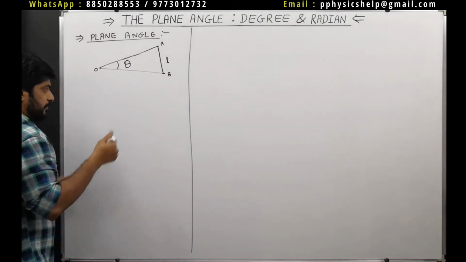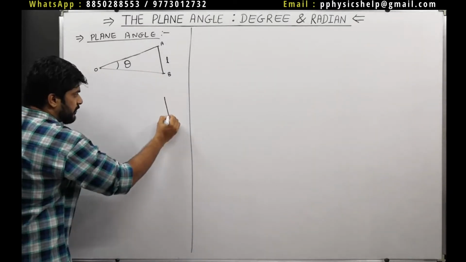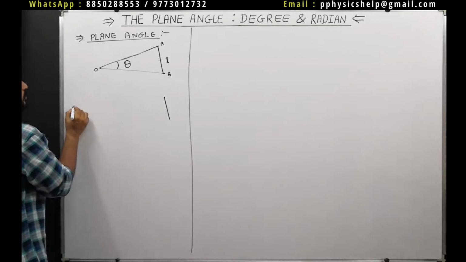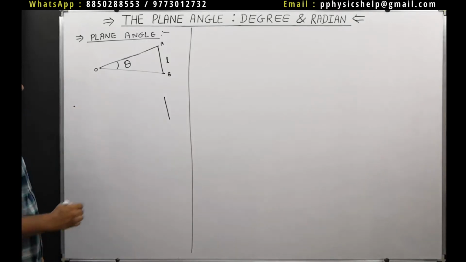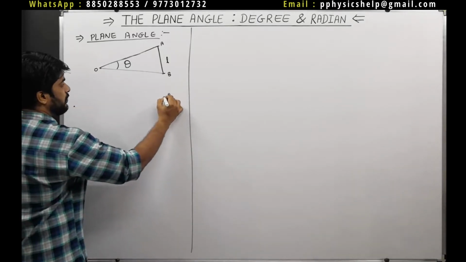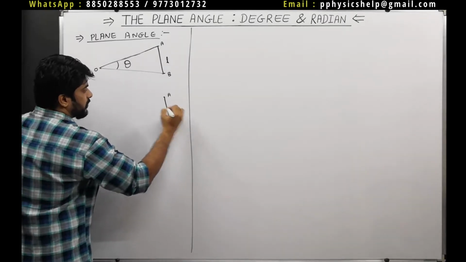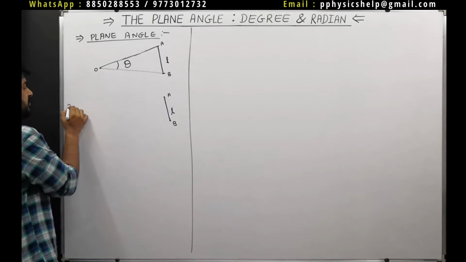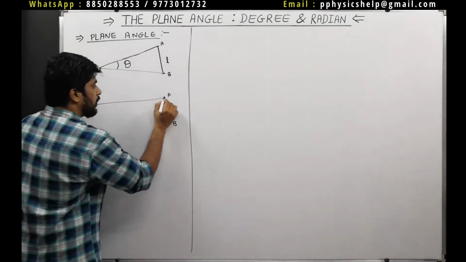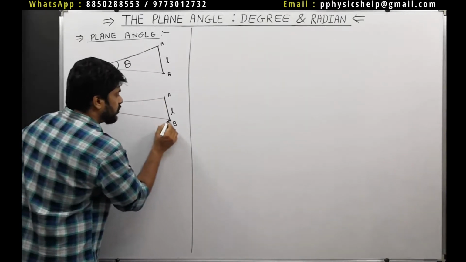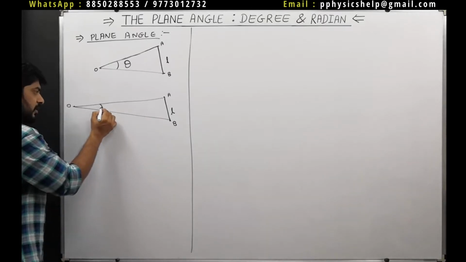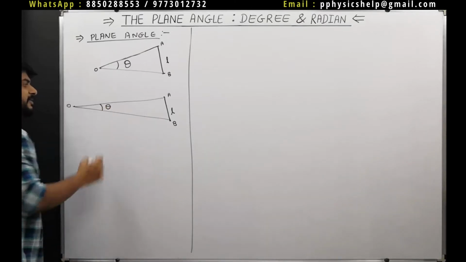For example, I can choose the same line, same line AB with the same length, but now I choose the point over here. The point has just shifted, like this. You can see this line subtends again some angle, isn't it?